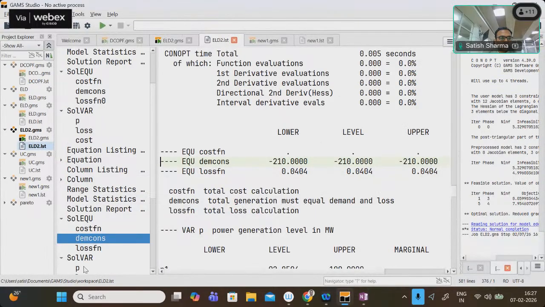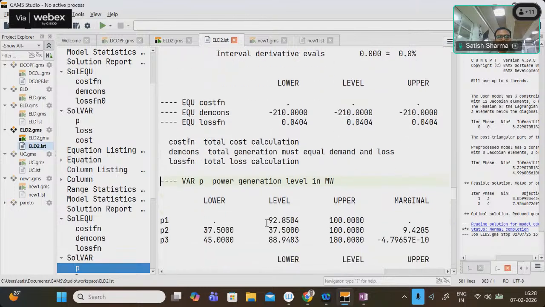For P1, look at these values. This is the lower limit, this is the actual value of P1, P2 and P3, and these are the upper limits. Whenever a value hits a limit, it produces a marginal value.